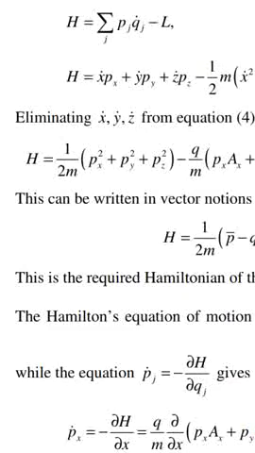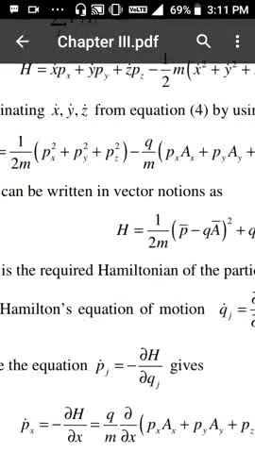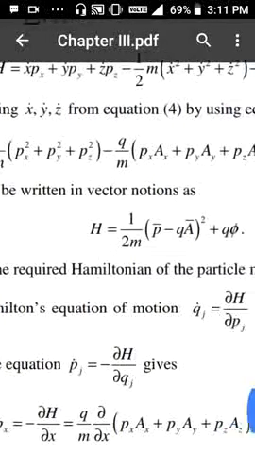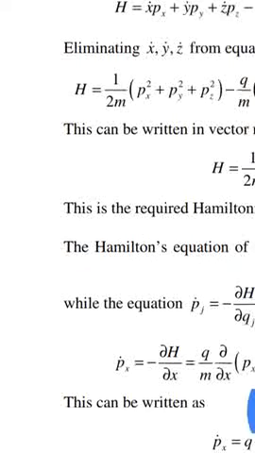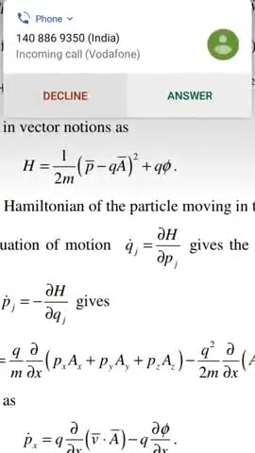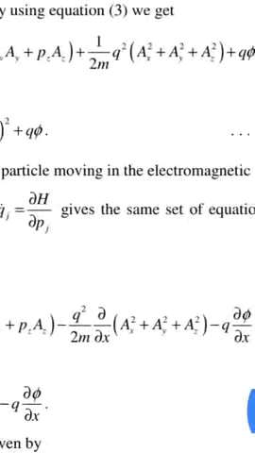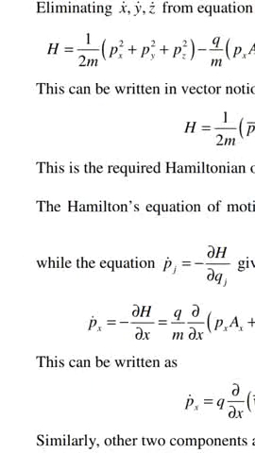This can be written in vector notation as H = 1/2m (p bar - q a bar)² + qφ. This is the required Hamiltonian of the particle moving in the electromagnetic field.